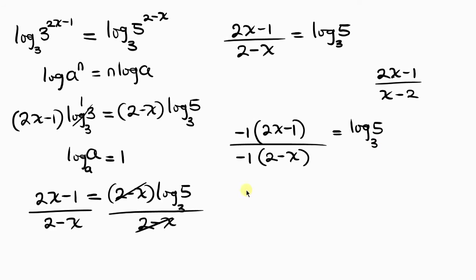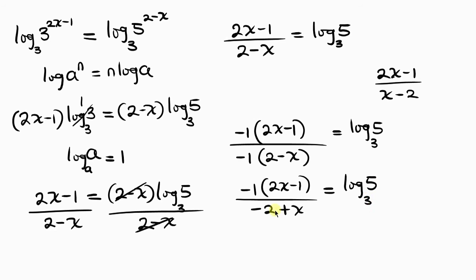So this becomes negative 1 times 2 to the x minus 1 divided by, now watch, negative 1 times 2 is negative 2, and negative 1 times negative x is plus x. So this is equal to log 5 base 3.